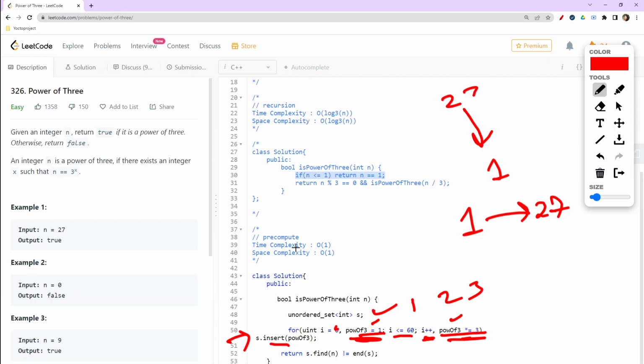And at the end, after this loop ends, it will check whether we are able to find this particular n in this set; if so, it's good to go, else it will return false, because this is the condition for returning true or false. So that's how this will work.